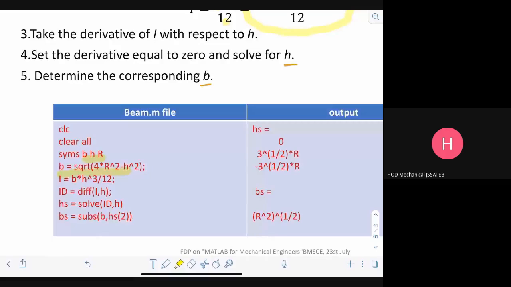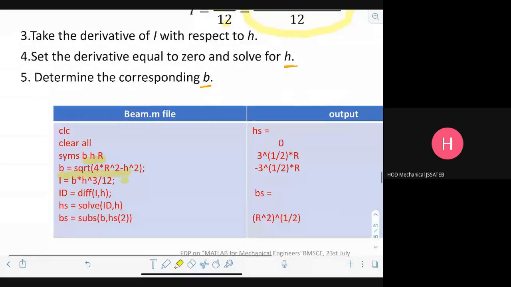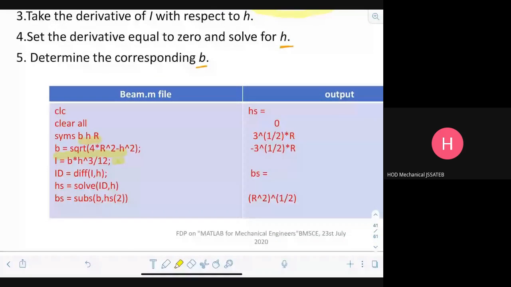And then I know I is equal to bh cube by 12. Therefore, if I say what is I, you will get the output. I put a semicolon here, therefore the output is not coming. It will replace b in terms of this expression and give you the value of I.